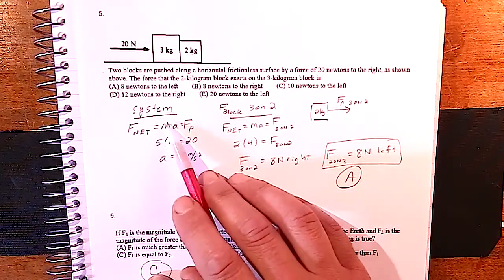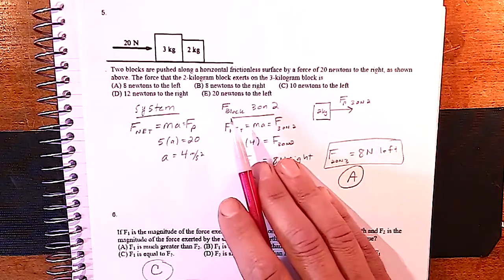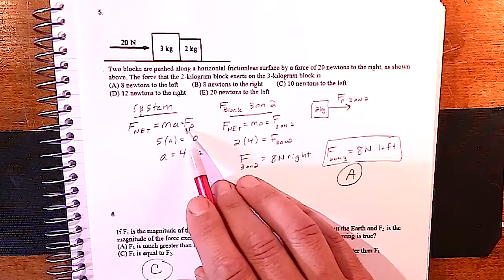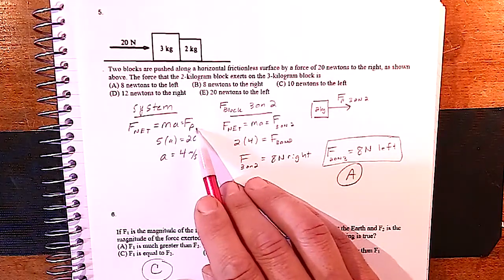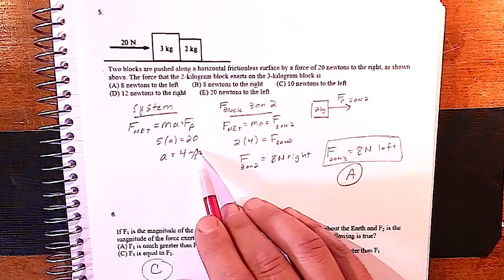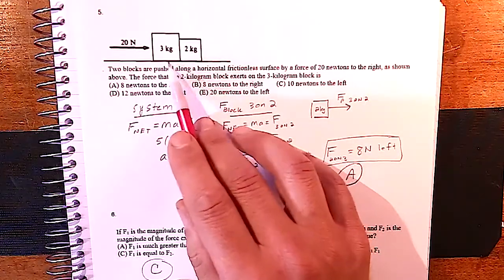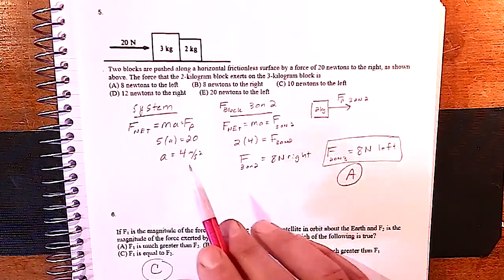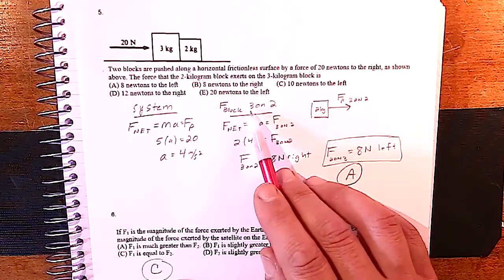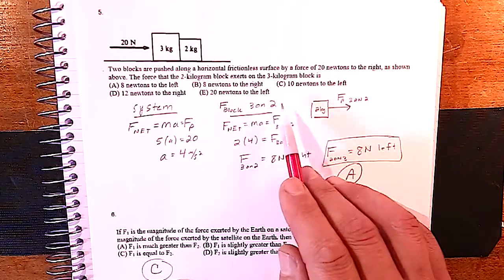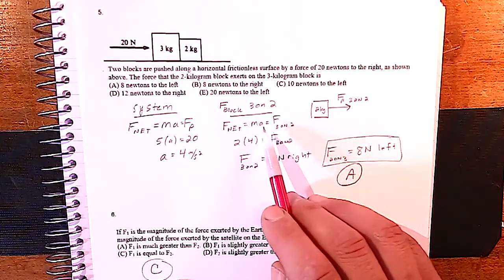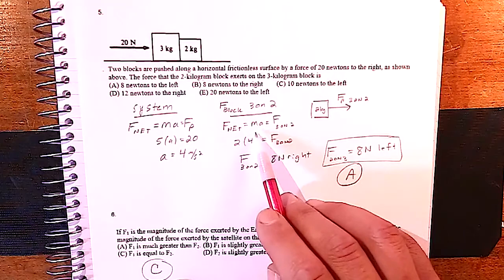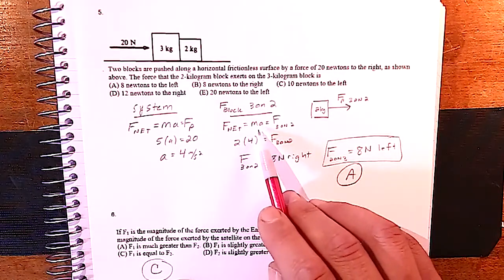So to start this out, we'll do it as a system. So we say F net equals ma equals force of push. Our force of push is 20 newtons, and the system has a mass of 5 kilograms, so our acceleration is 4. Now, to find the force of block 3 on 2, we're going to do the net force just on the second block.